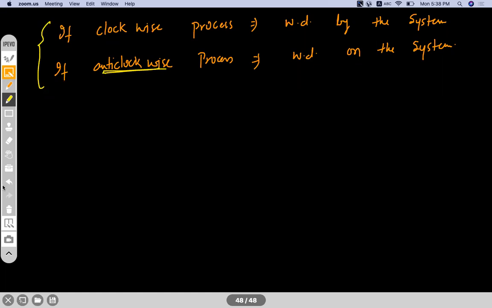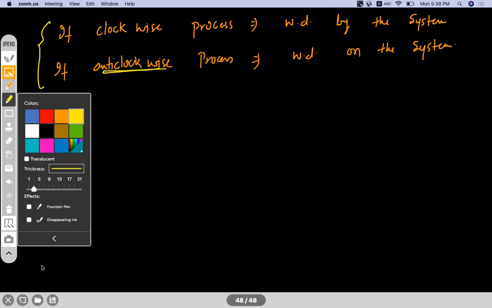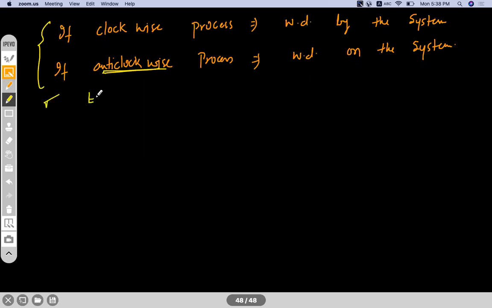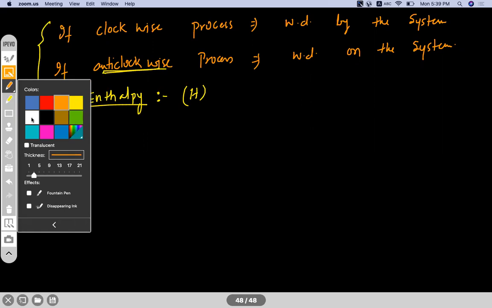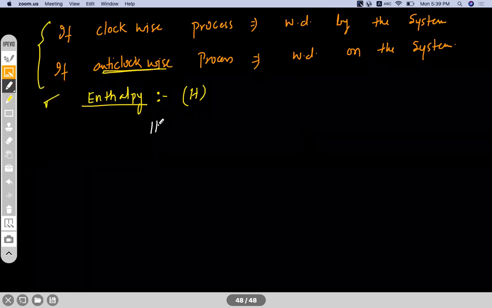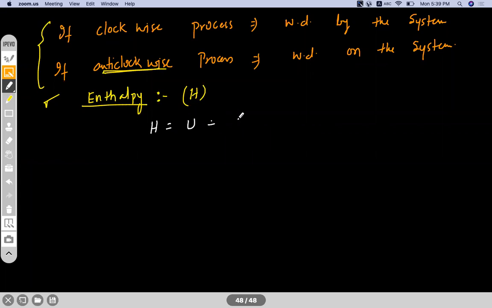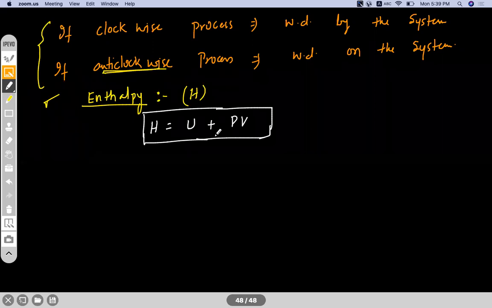Now the next term you write down is enthalpy, represented by H. Mathematically, H is defined as the sum of internal energy and pressure volume work done.